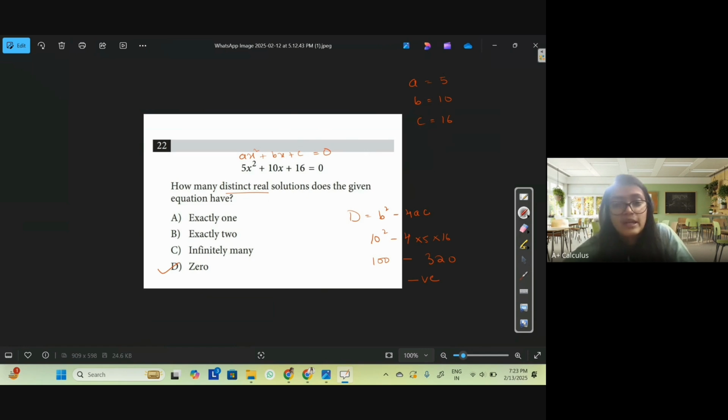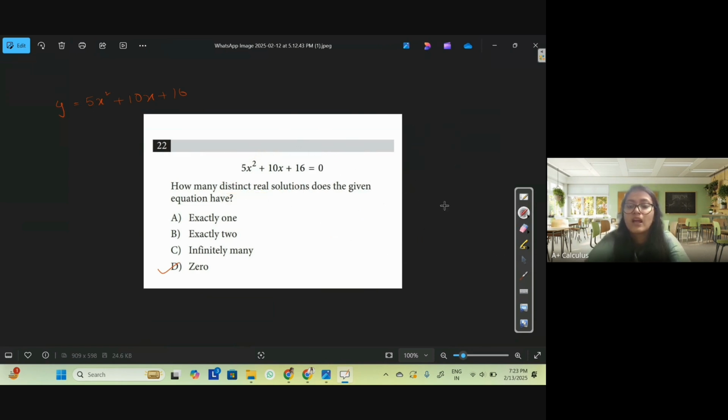Now, you can do the same question on DESMOS as well, and I would recommend that you do it on DESMOS. What you have to do is plot the graph. Simple. You have to plot this equation, y is equal to 5x squared plus 10x plus 16. And then you have to see whether its graph, which will obviously be a parabola, touches the x-axis.